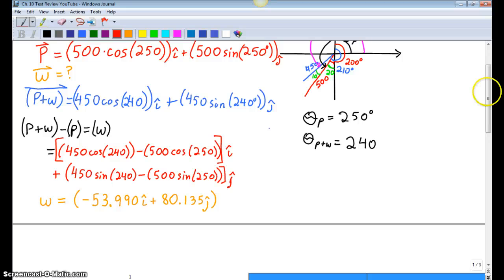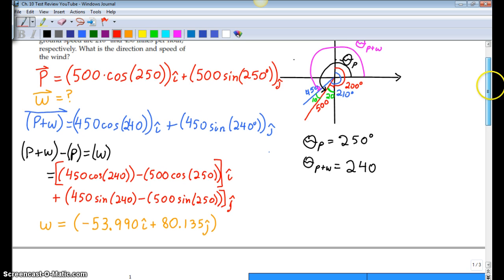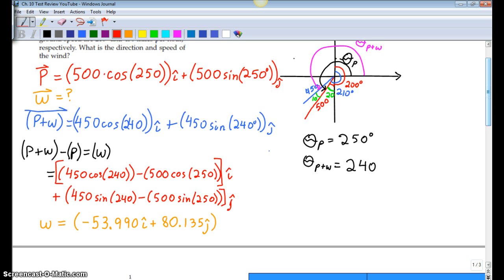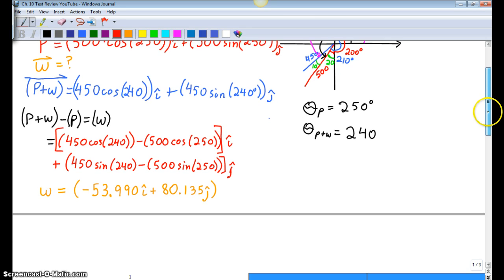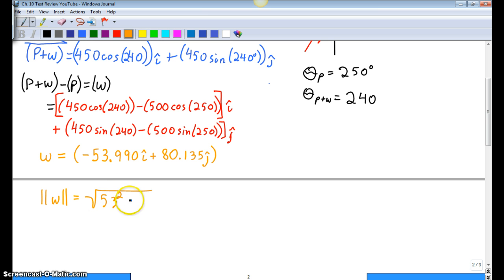That's great. We've got the math down. We still haven't answered the question. The question says, what is the direction and speed of the wind? Well, all we have is the location of the end point of our vector W. So to find our speed and direction, our wind speed is going to be the magnitude of W. So we take the square root of the sum of the squares of both numbers.